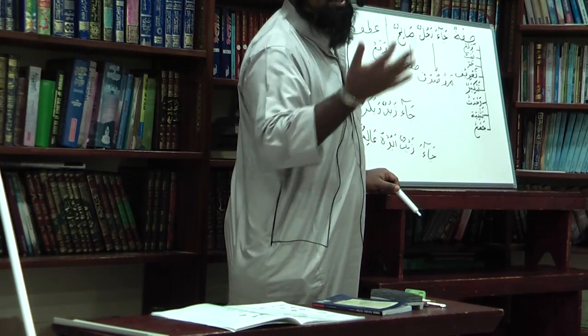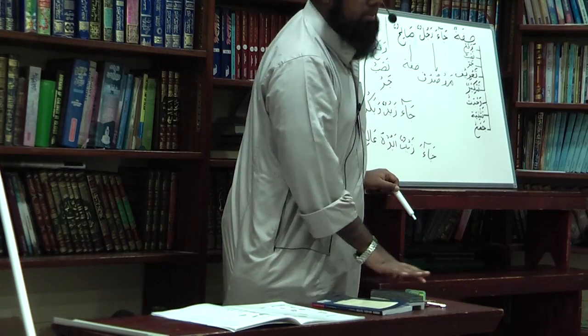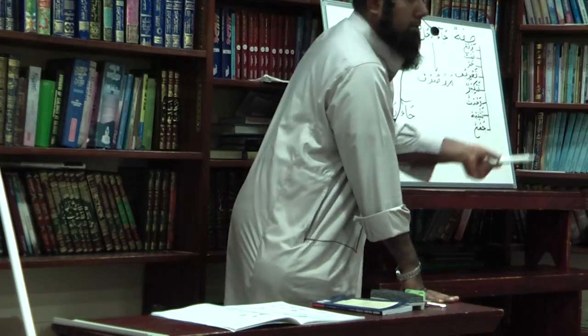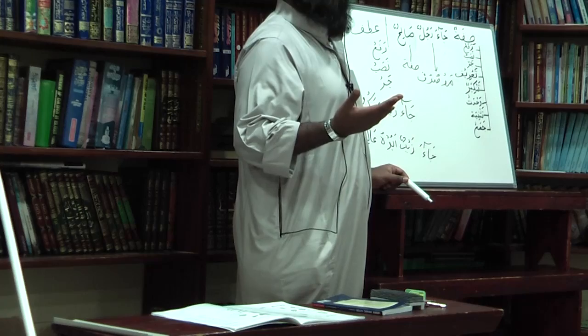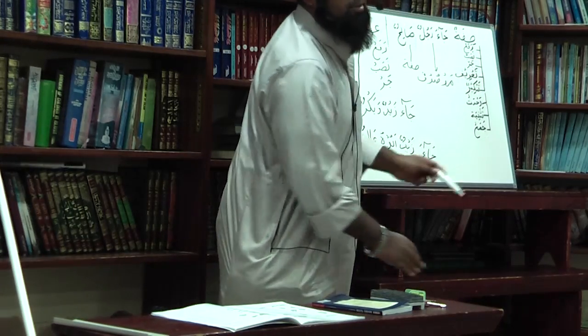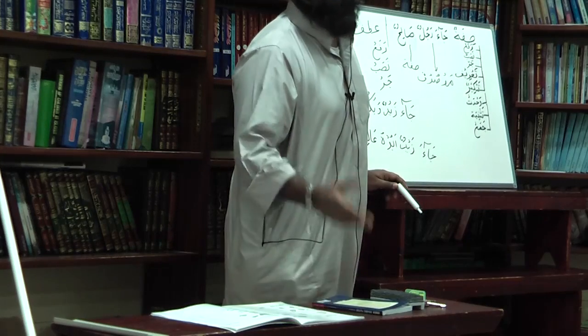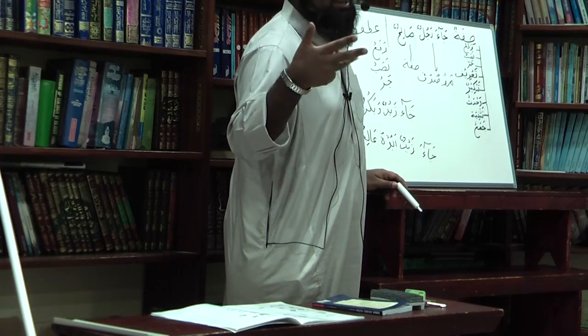Dhamma. Do you remember? Last week we said another word for Rafa is dhamma. Nasab is fatha. You know what fatha is, everybody? Jar. Another word for Jar is kasra. Fatha, kasra, dhamma.